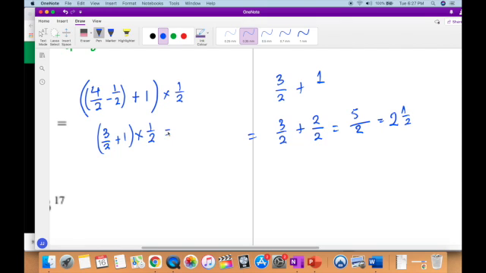Yeah. So we end up with 5 on 2 in the brackets being multiplied by a half. And when you're multiplying fractions, you multiply your numerators and your denominators, so that's 5 on 4 is the answer.